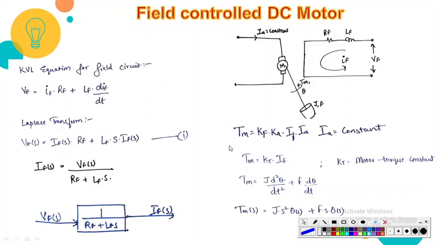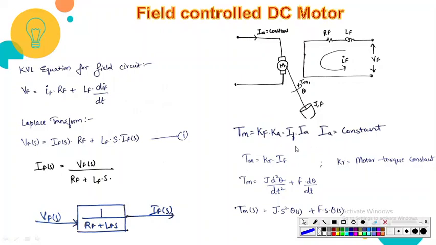Another thing, my torque is equal to KF into K into IF into IA, but here, as we are controlling from the field side, we'll keep the armature side current constant. So KF, K and IA, all these three values can be taken as constant, and we'll take it as KT, that is the motor torque constant.